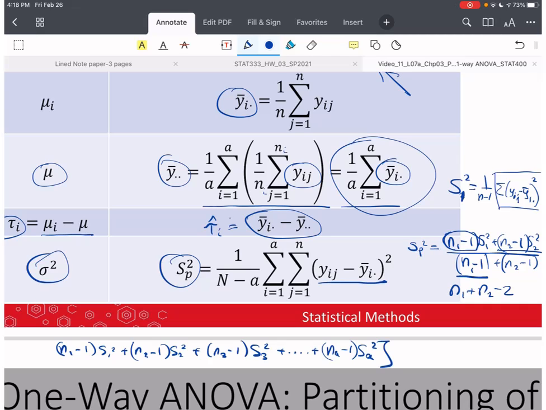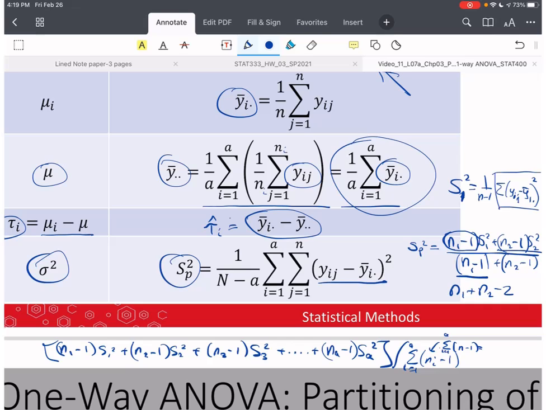And then this whole thing would be the sum of n_i minus 1, i equals 1 to a. And so if they're all equal, if all the n_i's are equal, then this term would be the sum of n minus 1 from i equals 1 to a.